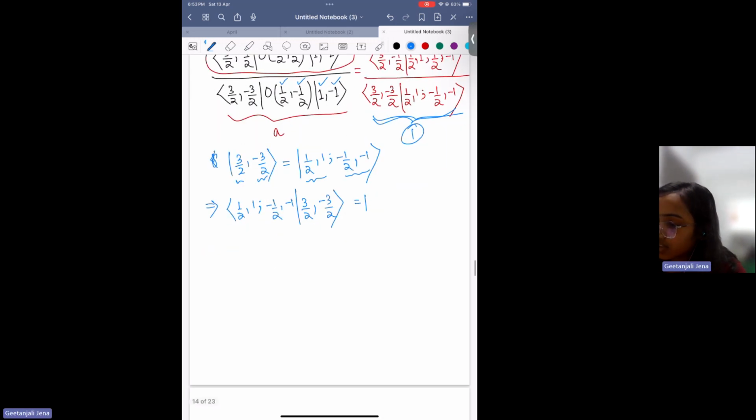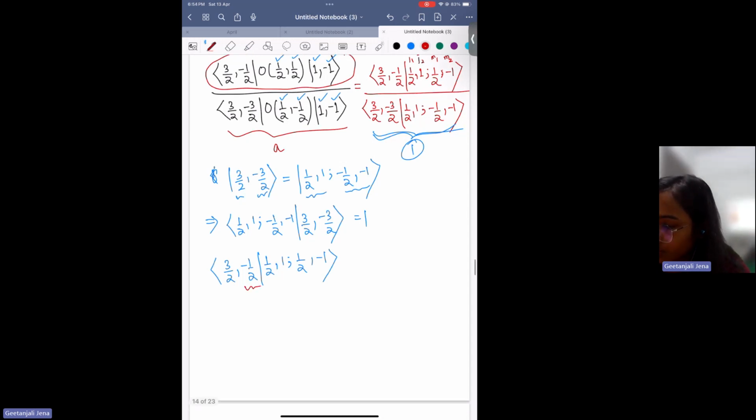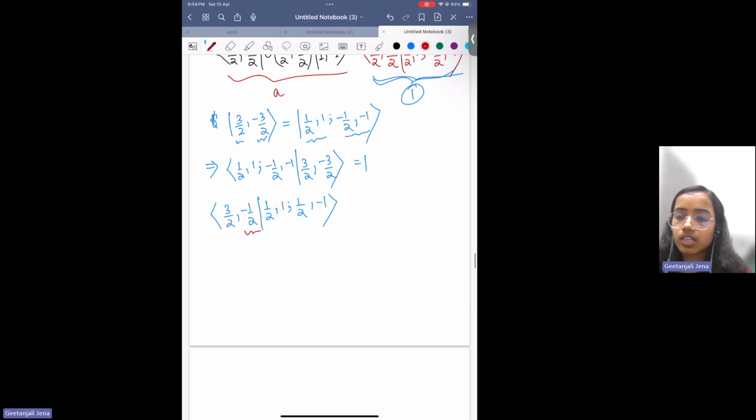Now let us see the expression for the numerator, which is 3 by 2 minus half, half 1, half minus 1. You are saying there is a minus half here. The way we calculate the other CG coefficients is that we take the stretched state and apply raising and lowering operators depending on the requirement. We can also apply the orthogonality condition to find the other components of the CG coefficient.